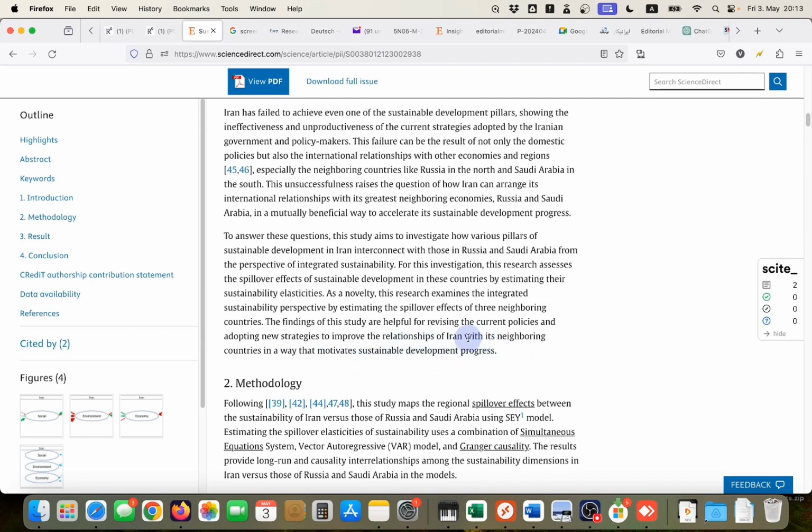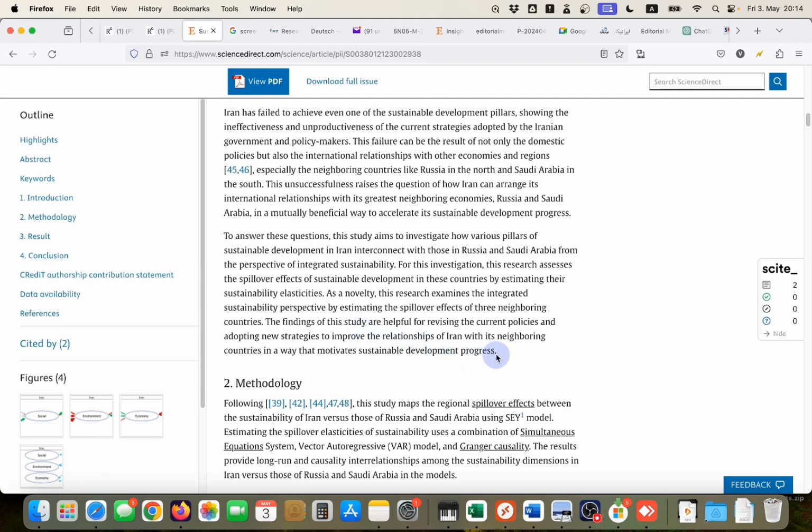And you can see that it continues with current policies and adopting new strategies to improve. New strategies is for policymakers, and it highlights that the findings are valuable and could help policymakers.